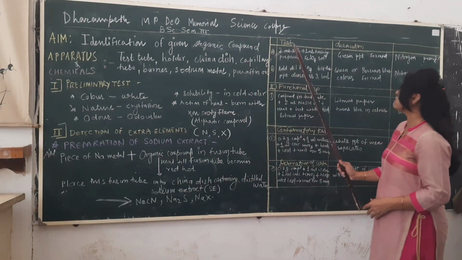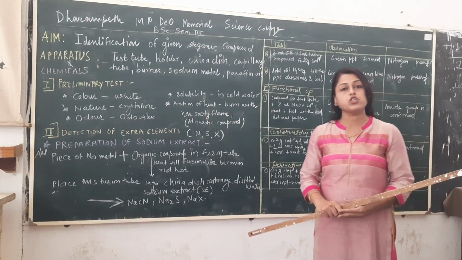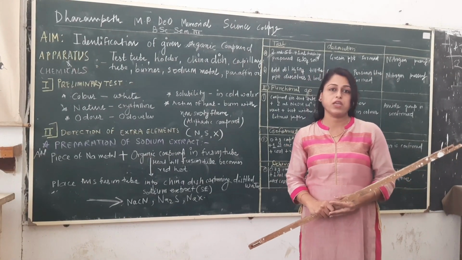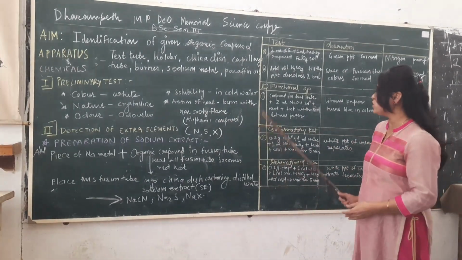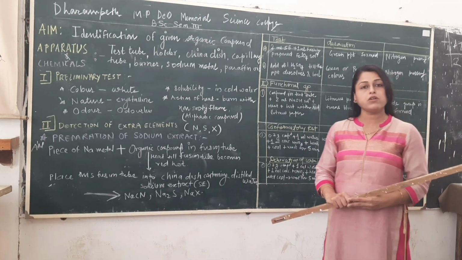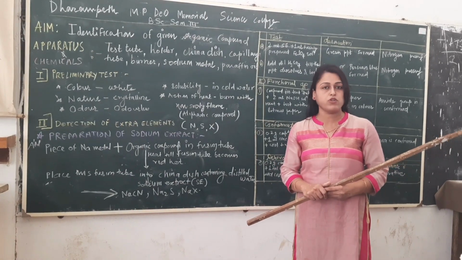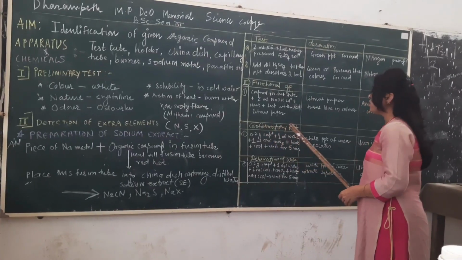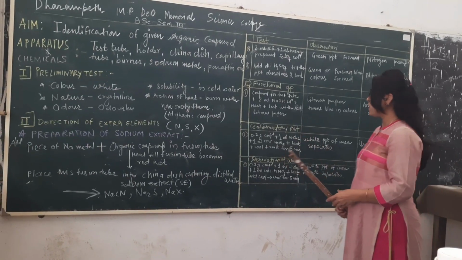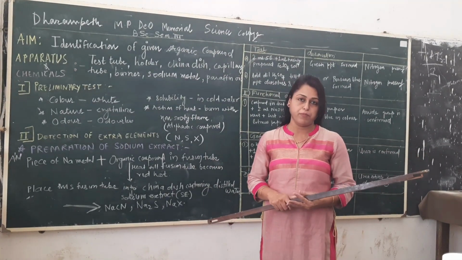Then the third step will be detection of functional group. If there is any functional group present in the given organic compound, then we have to detect that also. Then there will be a confirmatory test for the given compound, whether that particular compound is it or not. And the last step will be preparation of derivative of that particular compound.